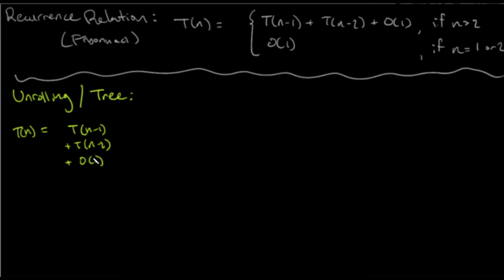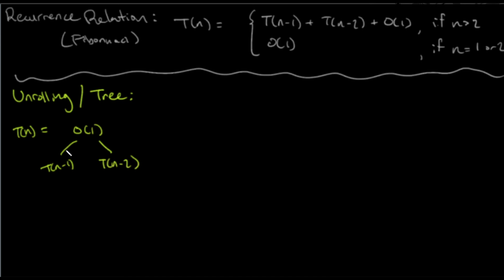And so one thing I'm going to do differently from when we did the unrolling for factorial is I'm just going to rewrite these differently. It's still going to represent the same exact information, but I'm just going to write these like this with an O of 1 here. We're actually going to draw branches now. T of n minus 2.